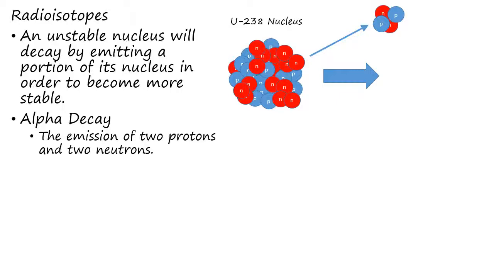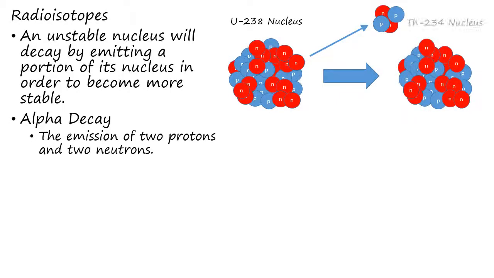When this occurs, it undergoes a process called transmutation, and it changes its elemental identity. Since it lost 2 protons, it is now the element with the atomic number 90, which is thorium. So it becomes thorium-234. Its atomic number decreases by 2, and its mass number decreases by 4.